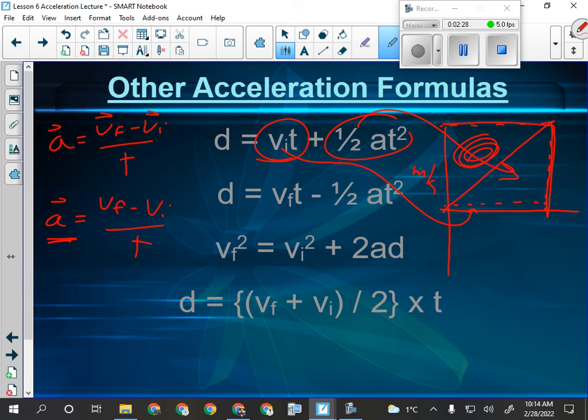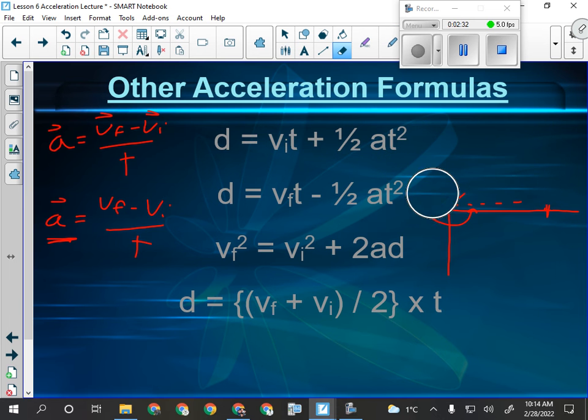Now, I don't know if anybody realized this when they started looking at these formulas, but these two formulas have t in two places. And one of them is squared and the other is not. Anyone else intimidated by that? Well, good on you, because you're better at math than I am.